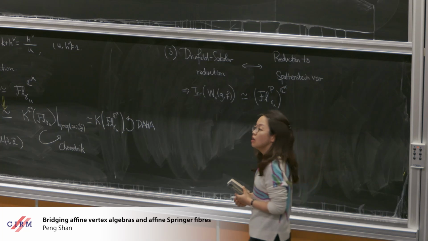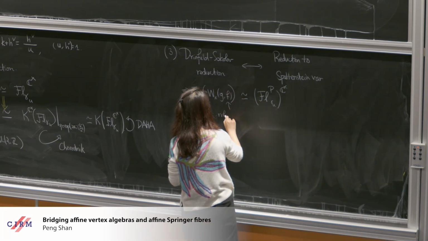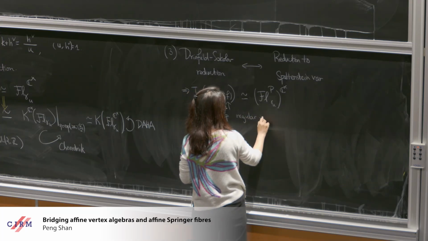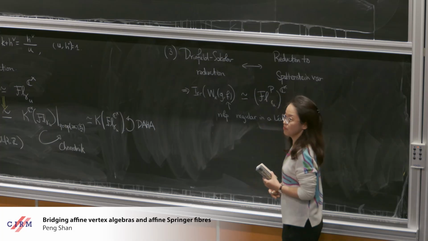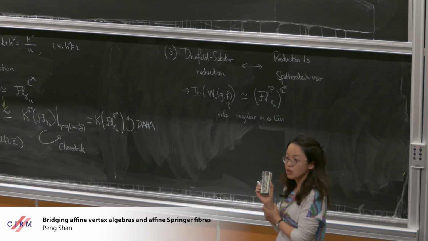What is f? f is a nilpotent element. No, I need a nilpotent element which is regular in a Levi, and this parabolic is the parabolic with that Levi. Okay. Other questions?